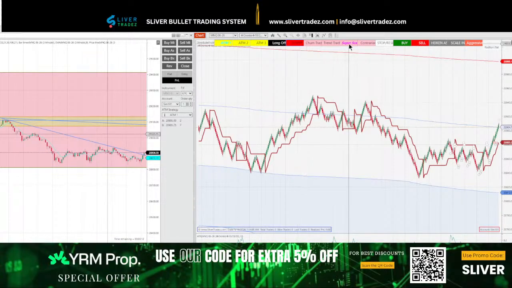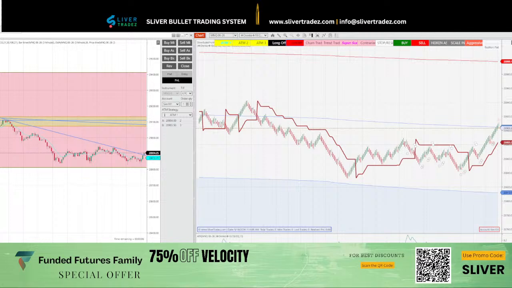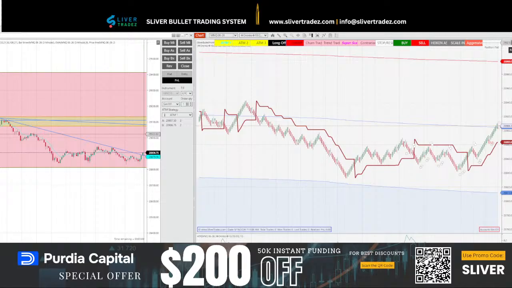So, super scalper strategy. When two negative bars are formed, it will place a trade. That's the idea here.